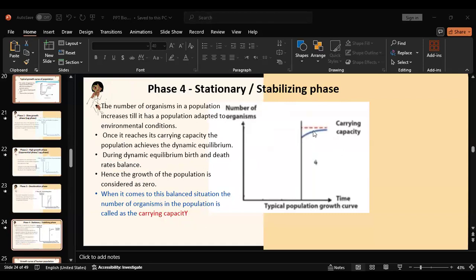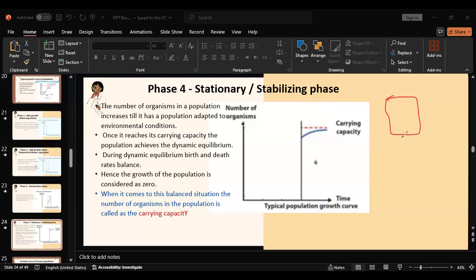Here, you know that this is the last one, and it is getting stable. Normally, with increasing individuals, the environment will not be able to bear all the individuals, because a limited amount of area is there.